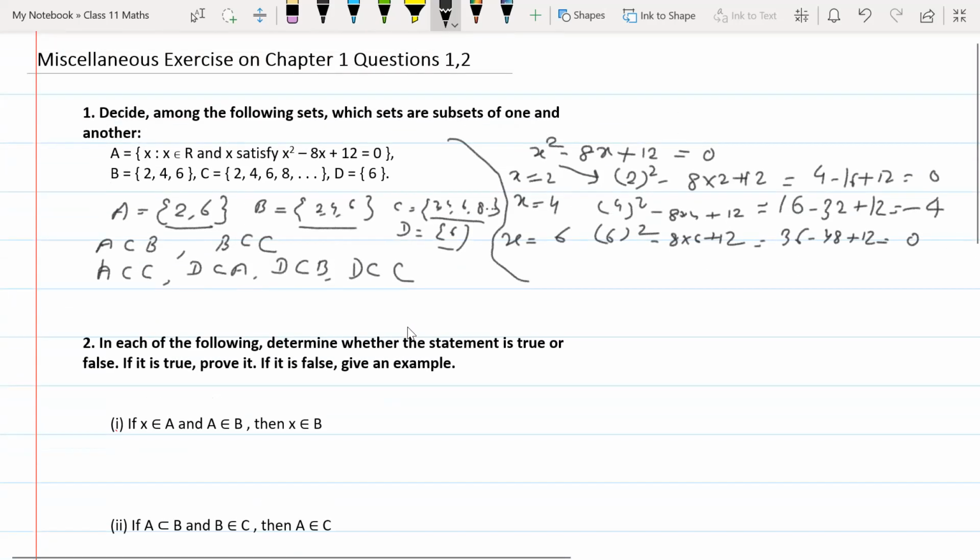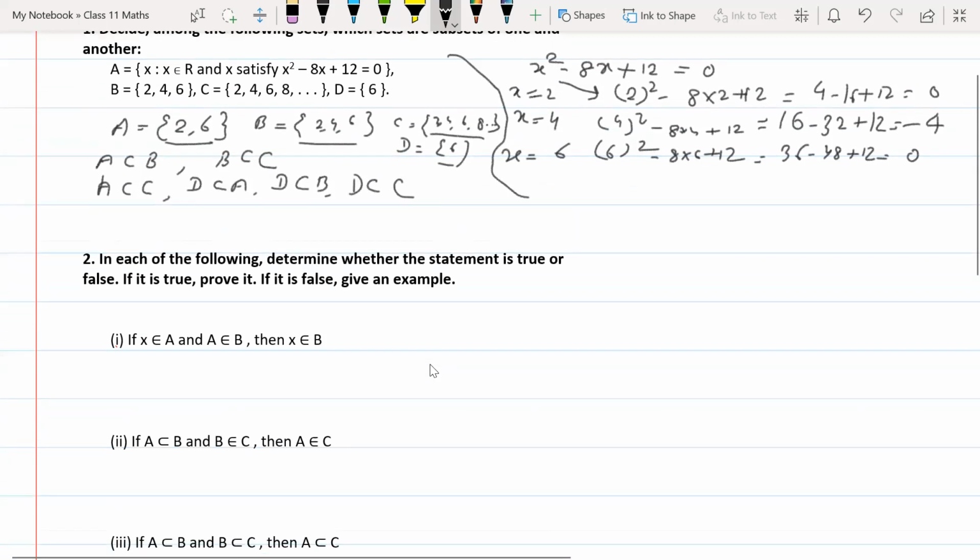Now come to the second question. In each of the following, determine whether the statement is true or false. If it is true, then prove it. If it is false, give an example.